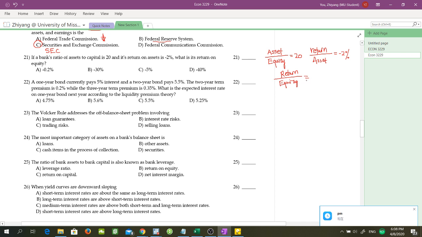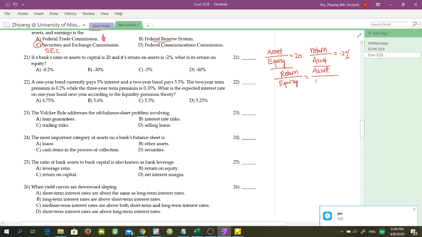So how can I get this? Basically, you're given this information and this information. The trick is there's always one term that you can delete, that can cancel out. So I'm going to write it like this.